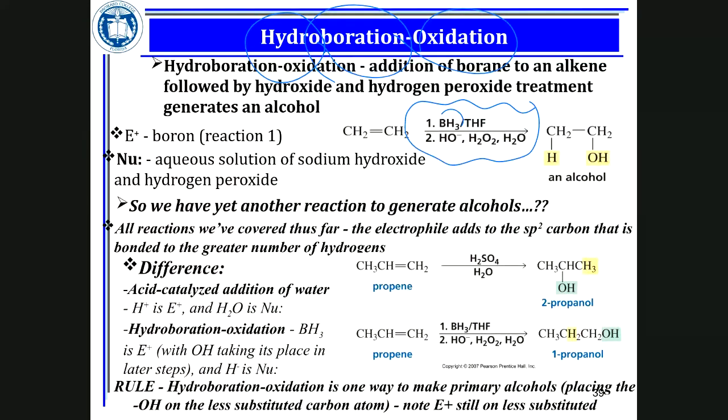The net result is addition of water, H and OH. The addition in this case is going to be anti-Markovnikov. How do I know it's anti-Markovnikov?